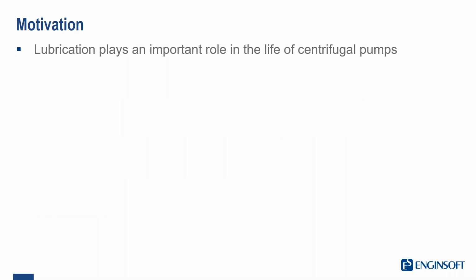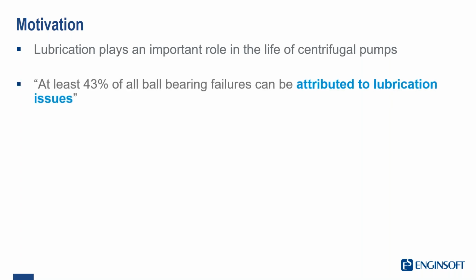So the motivation is easily explained. The lubrication of mechanical elements, especially bearings, in this kind of centrifugal pump is key. It's key to guarantee that bearings don't fail, and don't fail too early.